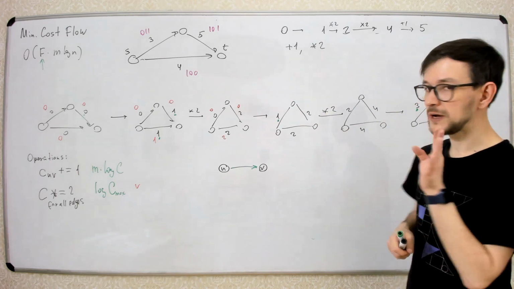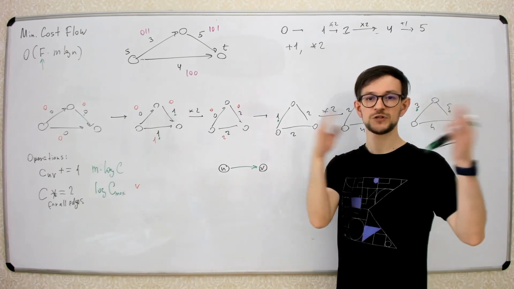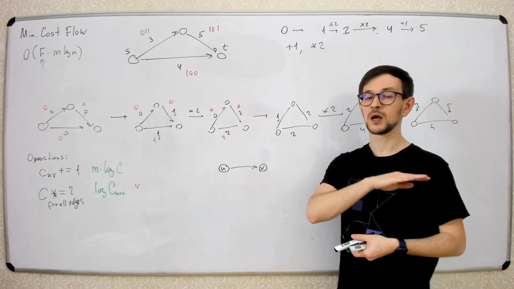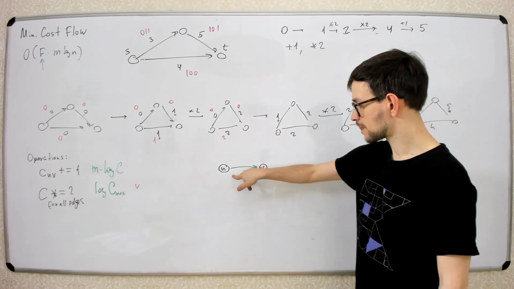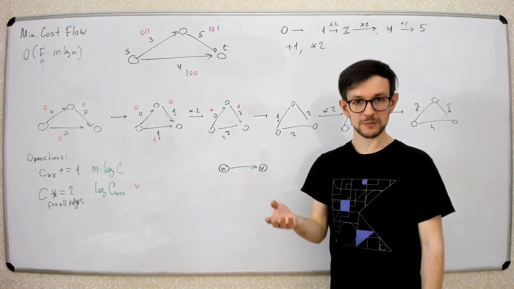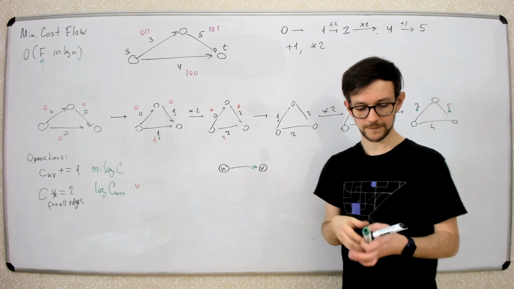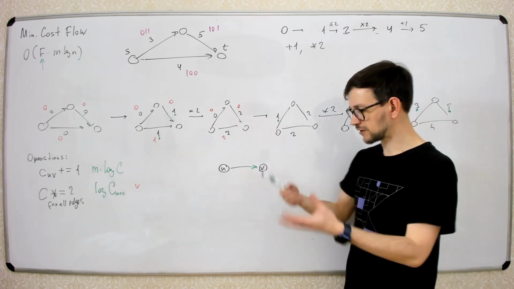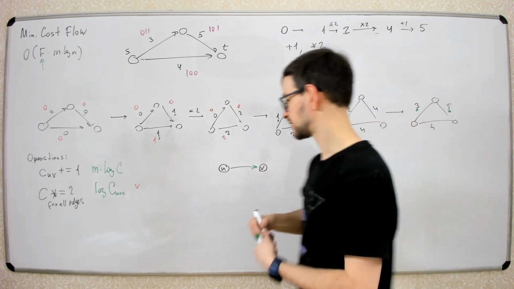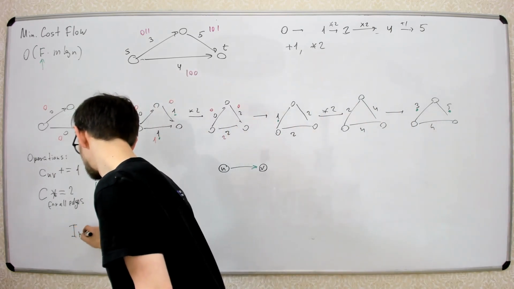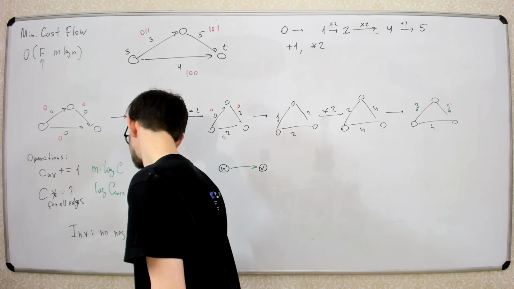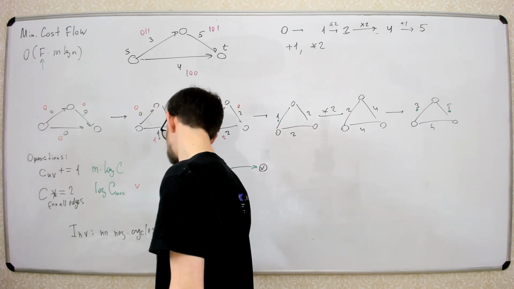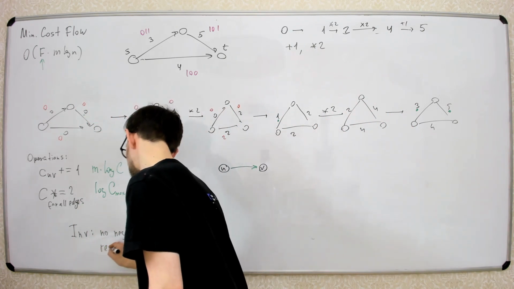Now, I want to maintain the property that my current residual network does not contain any negative cycles. So when I add this edge, I may get some negative cycle. So my invariant: no negative cycles in the residual network.